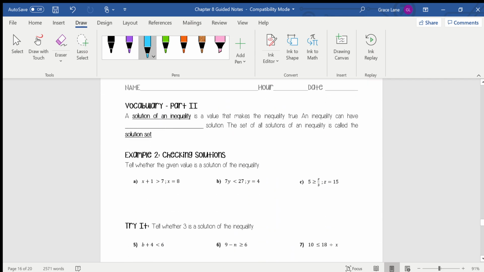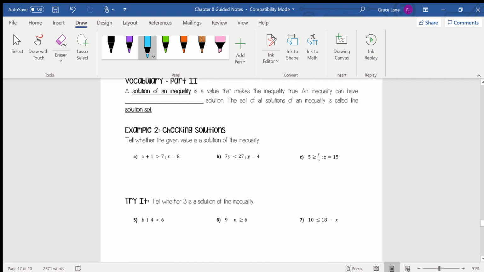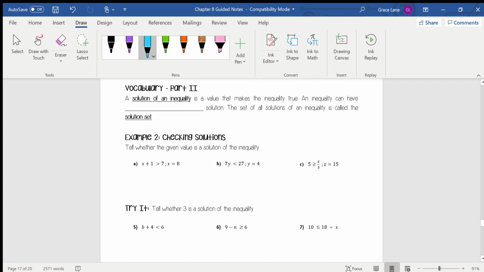Okay, we're moving on though to part 2, and now we're gonna practice 2 other things today. So the first thing we need to do is talk about solutions. And so when we talked about equations, we would say like x is equal to 5. That means that the letter x had to be equal to 5, otherwise the equation wouldn't work.